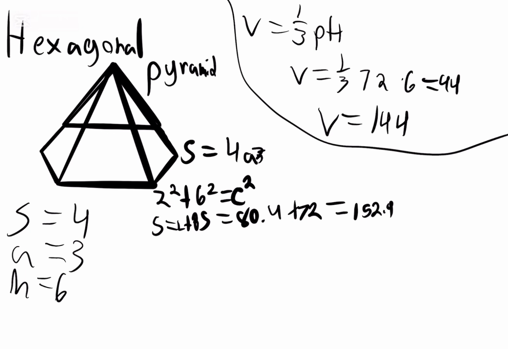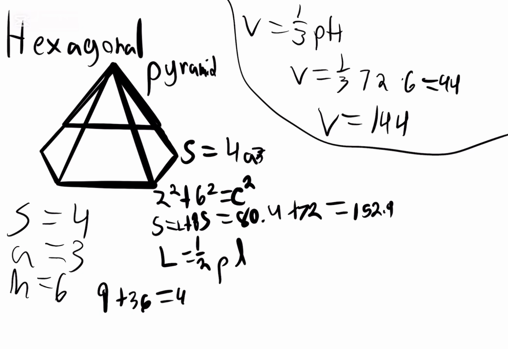So, the way that we found L on this was like this. L is 1/2 of the perimeter and slant height. So, we'll solve like this. We would do 9 plus 36, and that would equal 45.